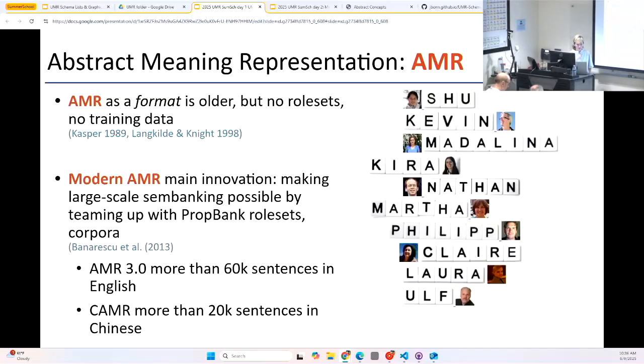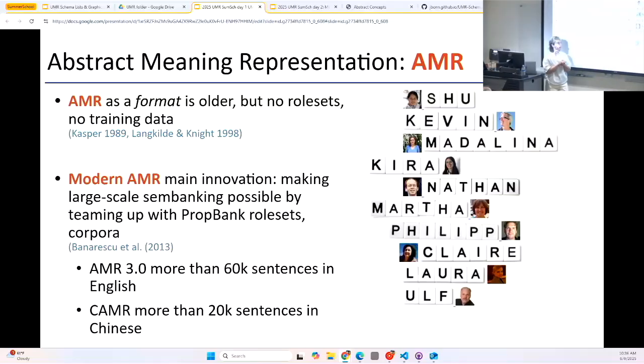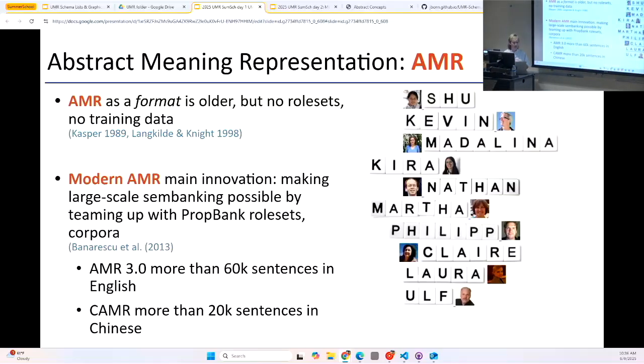The thing about AMR is the format already existed. So it was a notation, but there was no training data. There was no annotated corpus, and it didn't use the PropBank rolesets originally. But when Martha and Kevin Knight and all of these folks got together, they teamed up and applied the PropBank rolesets, and they worked on making a big, giant corpus.